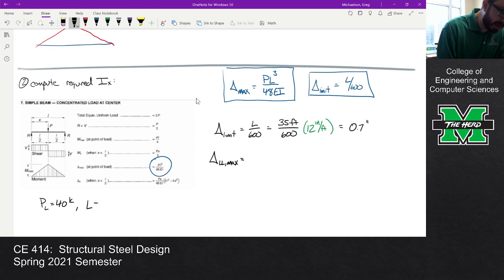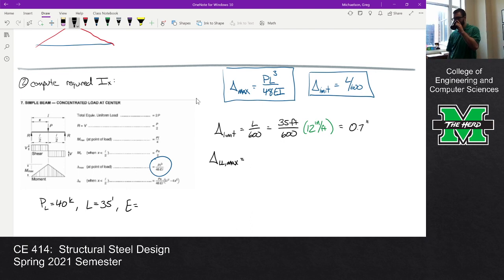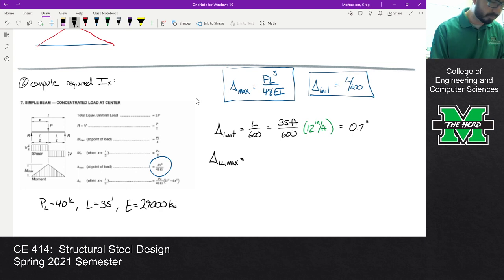We have a span length of 35 feet, and we have an E value of what? Boom. I want that number burned into the back of your head. For structural steel, you can set your watch by that. For concrete, you have to compute it based off of your compressive strength, but that's a different class.